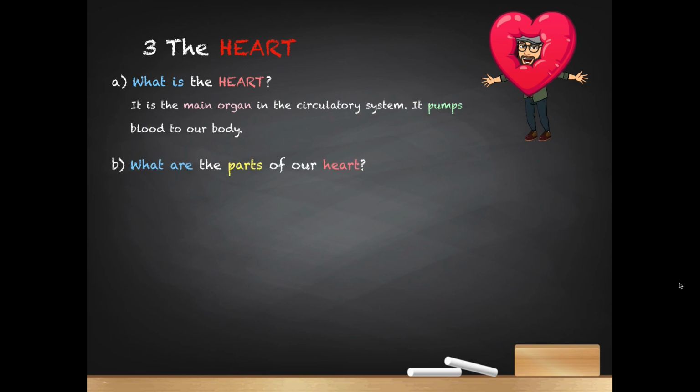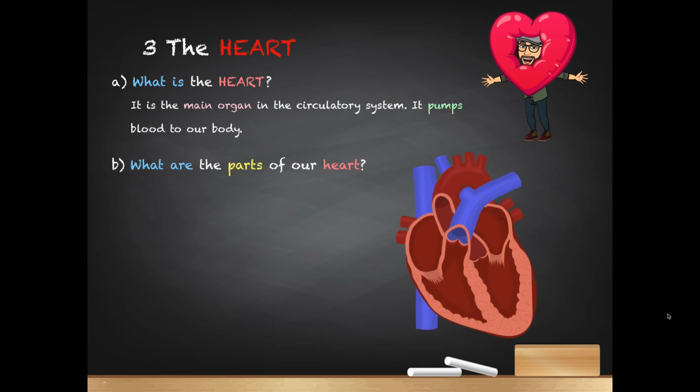And now we are going to finish the video with the parts of a heart, okay? Our heart has four parts, four main parts. They are like little rooms. Let's see the first. Number one, this part is called the right atrium, okay? This little chamber, this little room, is called the right atrium. Under the right atrium, we have number two, the right ventricle.